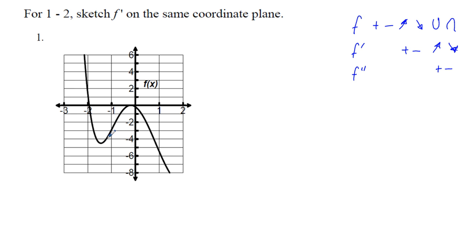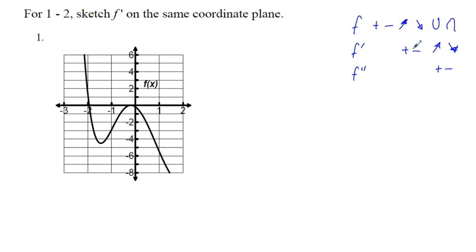Well, what we're looking for is where f prime is changing from plus to minus, which is where f is changing from increasing to decreasing. Here, the first stretch we have is we're going from decreasing to increasing.